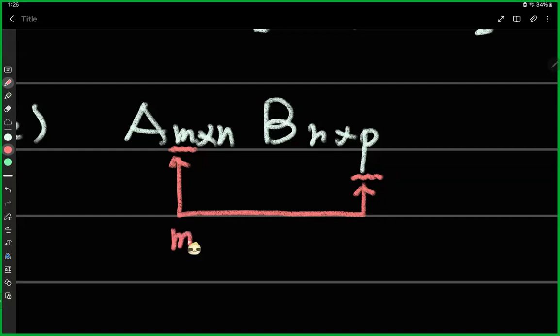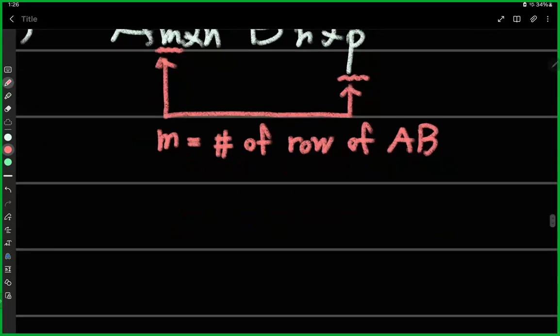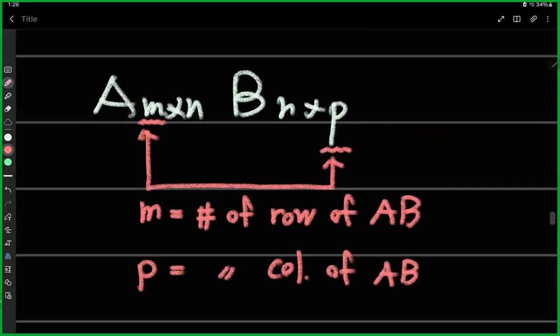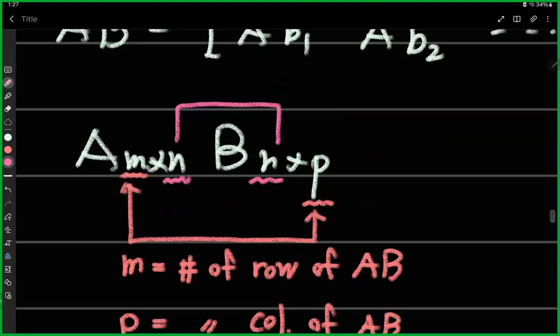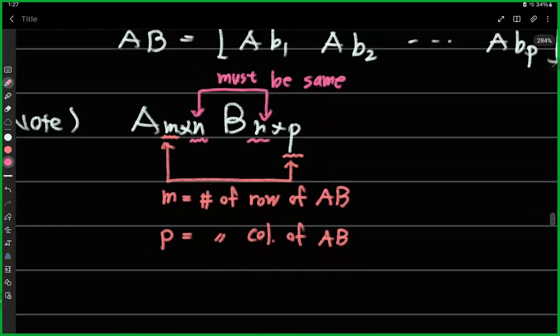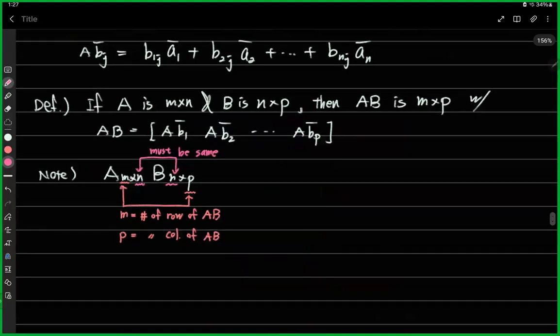Here m is the number of rows of matrix AB, and p is the number of columns of matrix AB. And what about the n? When you multiply two matrices, the number of columns of the first matrix must be equal to the number of rows of the second matrix. So the n's must be the same. Otherwise, we cannot do the matrix multiplication. Keep this in mind.